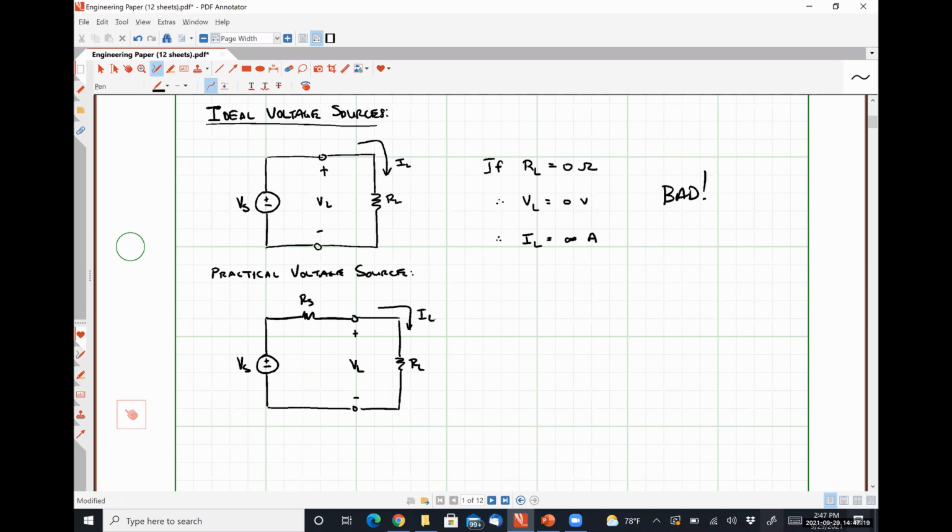So it's effectively taking away voltage from the source itself, right? Or it's lowering the amount of voltage that the source can supply. So yeah, the closer it is to 0, the more ideally the voltage source behaves.